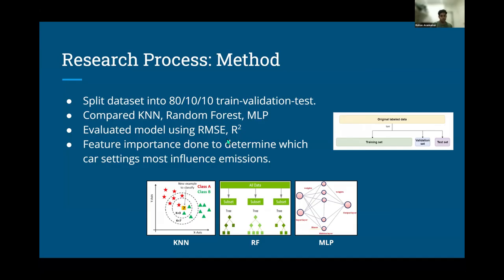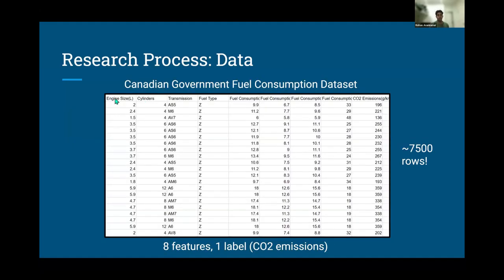Okay, I'm not going to go there yet. I just have, feature importance was also done to determine which car settings are most influential for emissions. So for example, what a feature is, it just means input. So it's columns 1 through 8 here, excluding the CO2 emissions column.